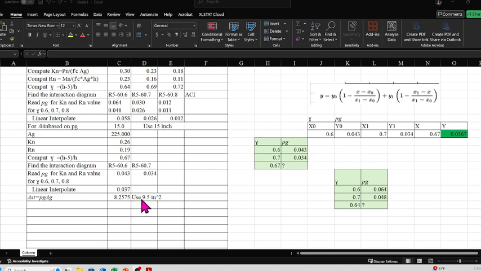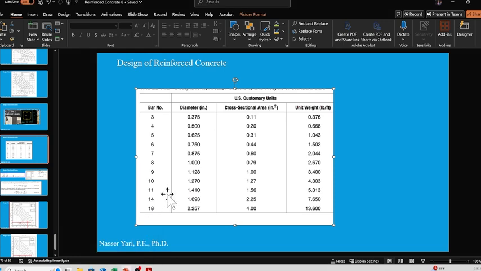So for an area of 9.5 inch square, let me look at the PowerPoint. 9.5 inch square, we can use, what about 9? If we use 8, that'd be 1 for each corner, 1 in the middle, that makes it 8, right? So that'd be 8 times 1.27, and whatever that comes out to.